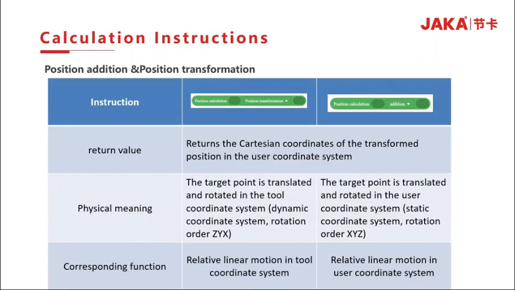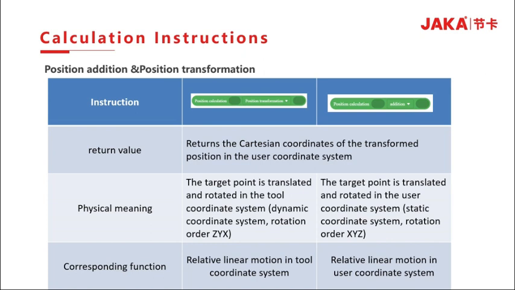Let's look at the comparison of two functions. One is the position transformation instruction and the other is the position addition instruction. Both of these instructions return the Cartesian coordinates of the position in the user coordinate system. Two physical meanings. The position transformation is equivalent to the target point in the tool coordinate system. The dynamic coordinate system rotation sequence is z, y, x, and the translation and rotation transformation is performed.